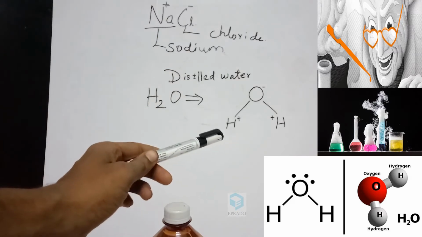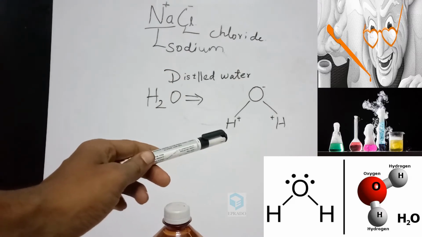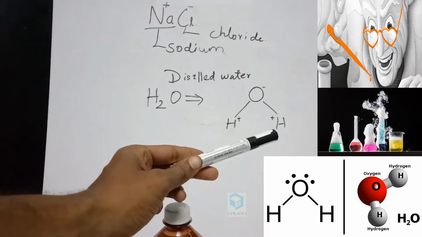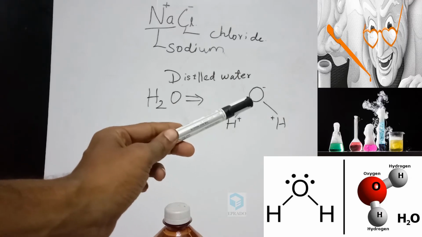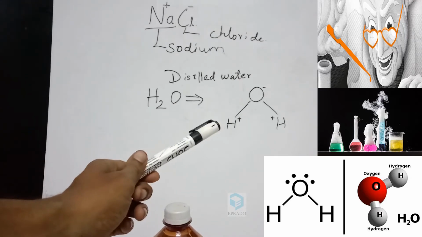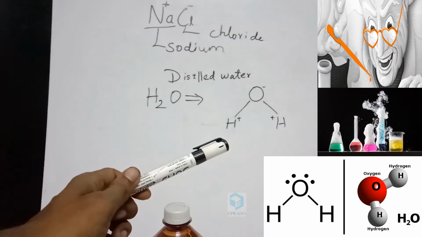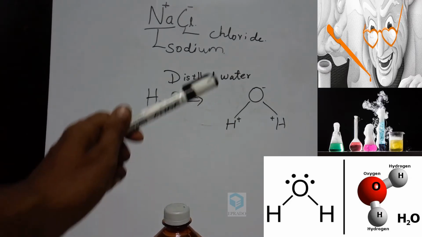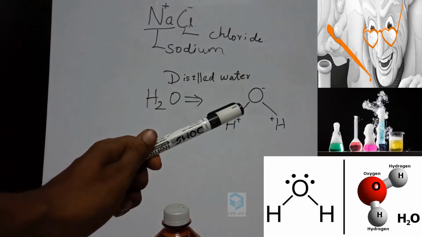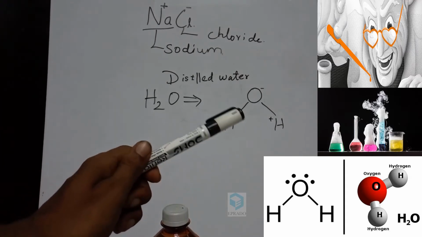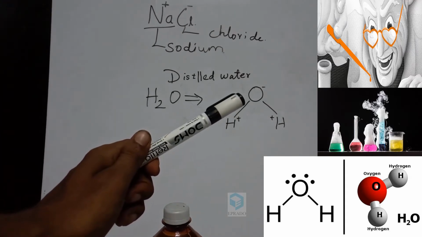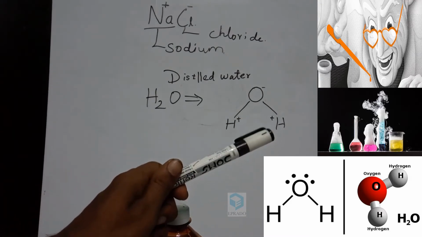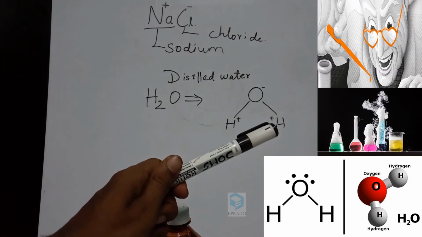The hydrogen atom gives out an electron to the oxygen atom, and this hydrogen atom will also give out an electron to this oxygen atom, so that these two hydrogen atoms will be positively charged and this oxygen atom will be negatively charged, because it has accepted two electrons, one from this hydrogen atom and another from this hydrogen atom.